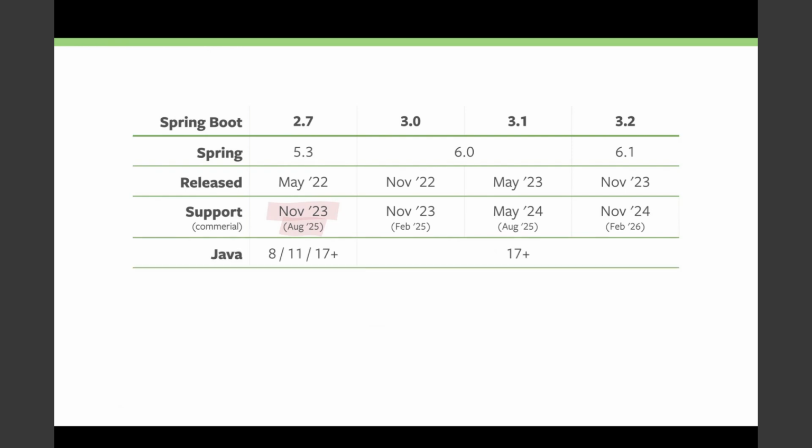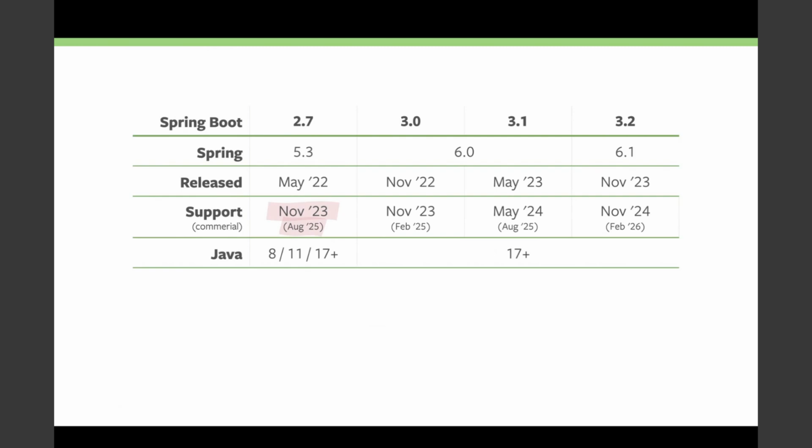Exactly. So yeah, the other thing that probably should be on top of all the other things here is the required Java versions. While 2.7 applications require Java 8, they run on Java 17 plus.